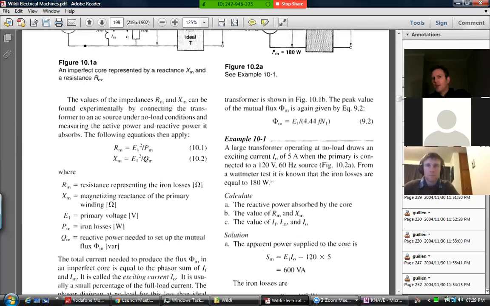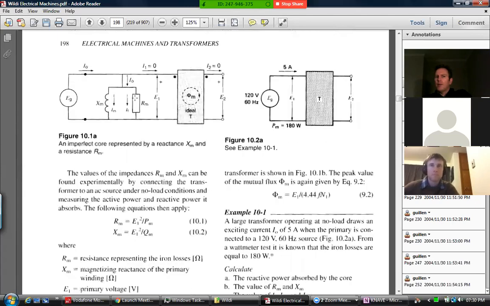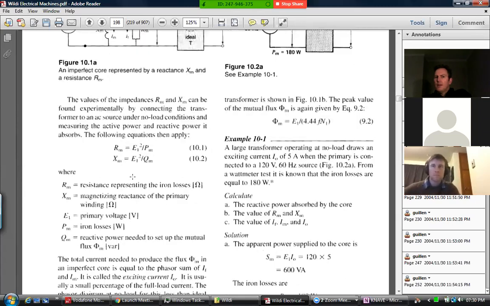This one's the same thing, but now it's apparent power is V squared over X instead of V squared over R. If you wanted to have the capital S here, then we would say E squared over Z, where Z would be the combined effect of those two things.